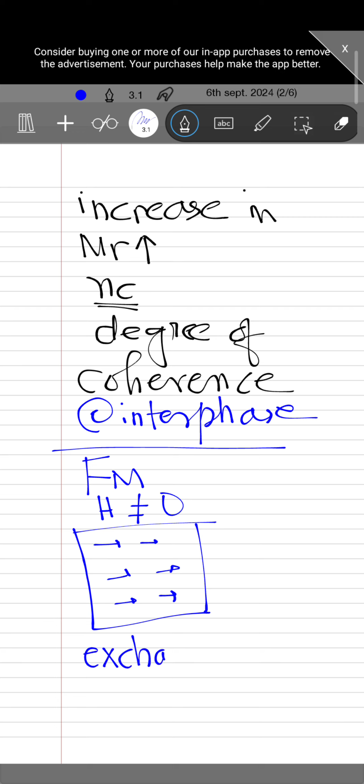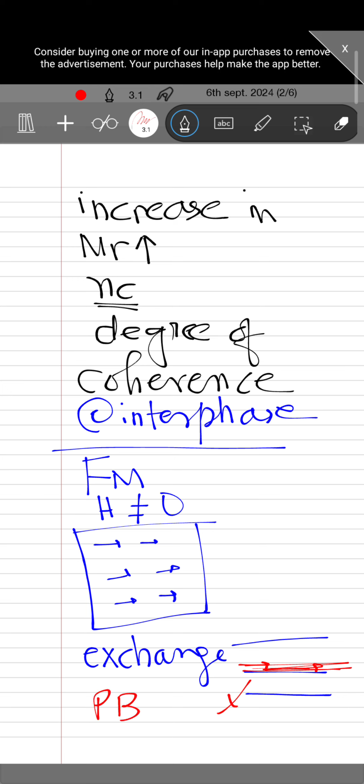Exchange bias is when we have a ferromagnet and a non-magnetic material, and the dipoles are pinned or restricted at the phase boundary, and this gives rise to a wider coercivity and more remanence.